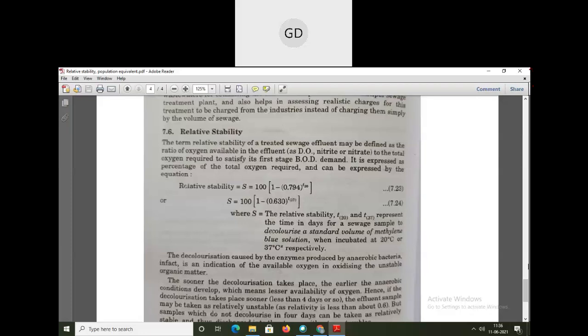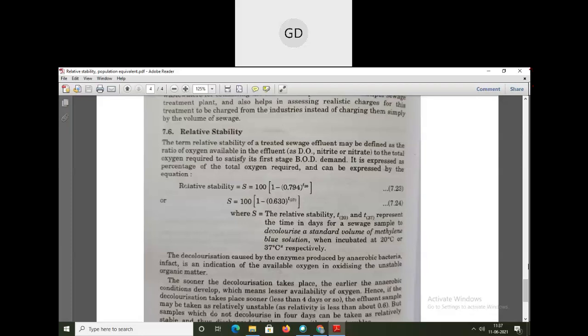It has a formula: S is equal to 100 times (1 minus 0.794 to the power T20) at 20 degrees Celsius, and S is equal to 100 times (1 minus 0.630 to the power T37) at 37 degrees Celsius.